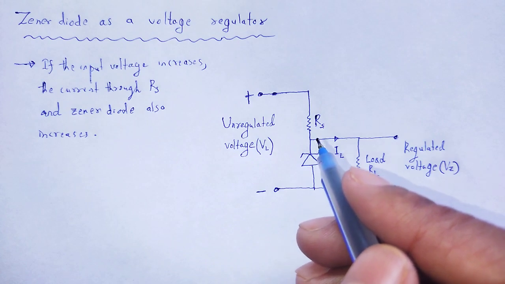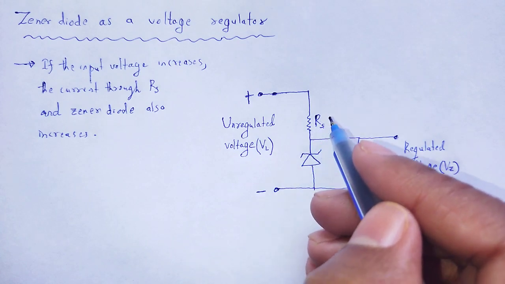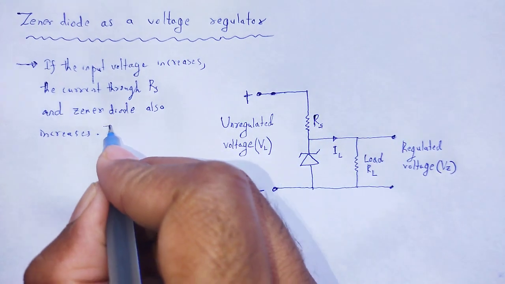This increases the voltage drop across Rs.